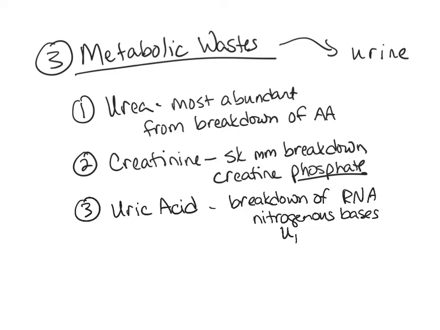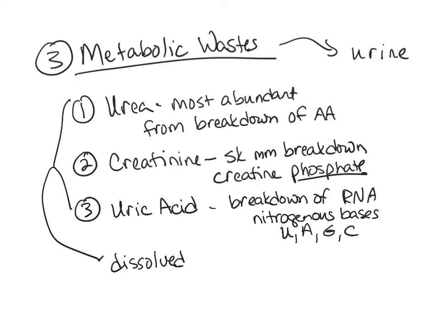Those are uracil, adenine, guanine, and cytosine. All of these metabolic wastes have to be dissolved in water in order for them to be excreted. And since they have to be dissolved in water, getting rid of waste products involves water loss. So that is just an inevitable type of water loss.